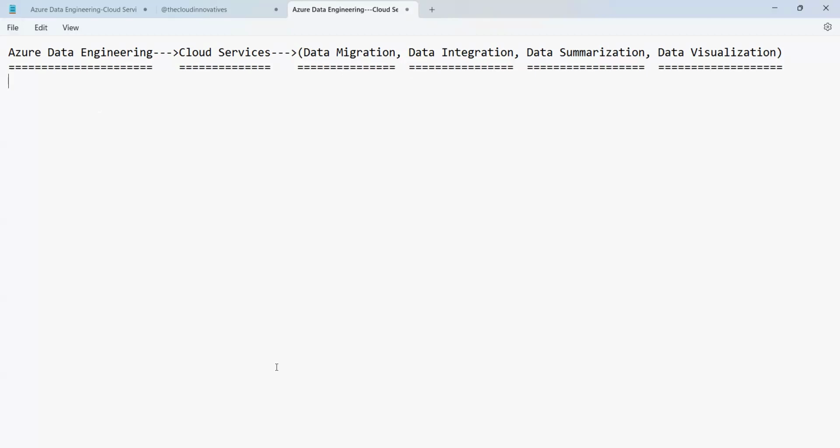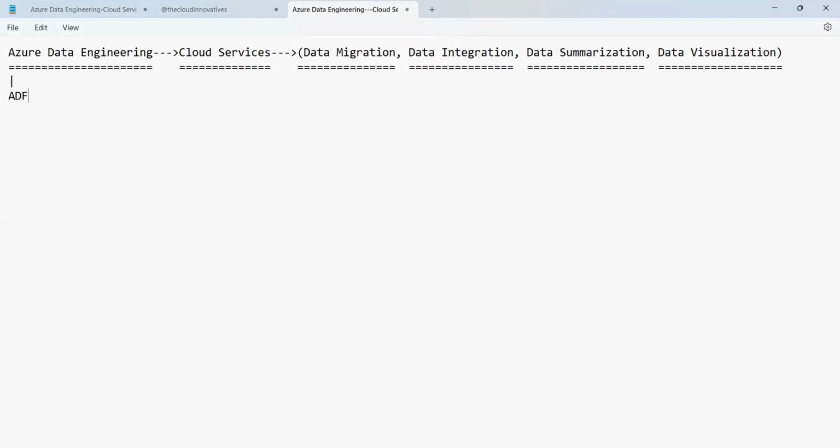As you know, the Azure Data Engineering is a bunch of cloud services which is provided to perform the following tasks. To perform all these tasks, we have the following services given here in the Azure Data Engineering.